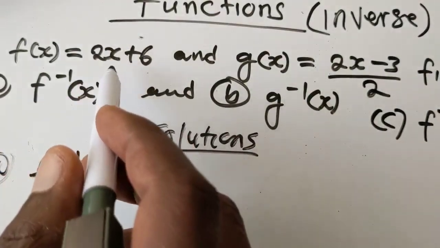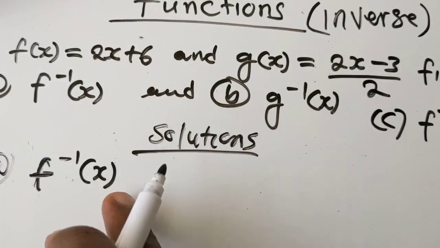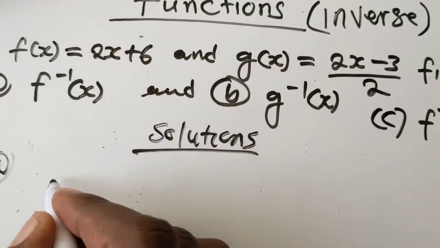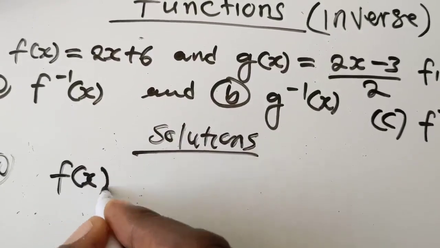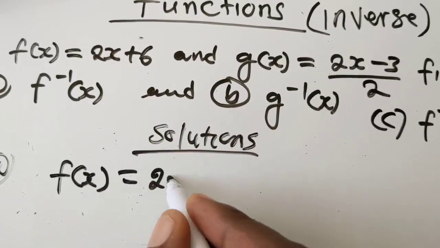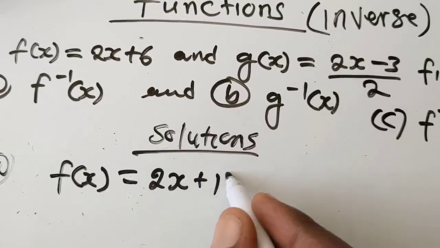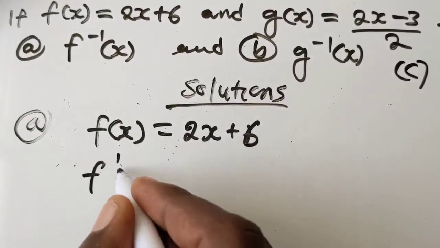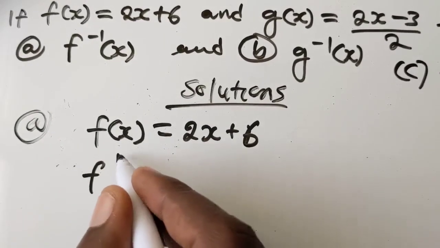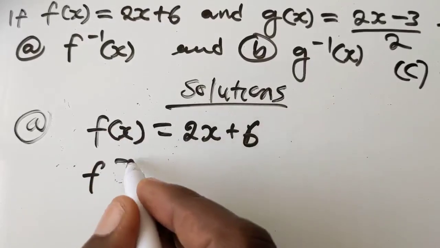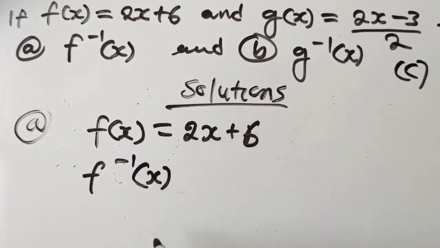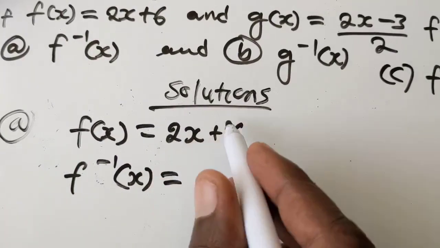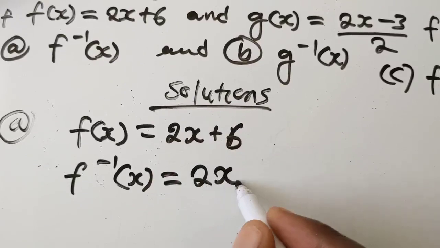So the first thing that you need to do is to copy the function. So you say f of x is equal to 2x plus 6, like that. Now they're asking you to find f inverse of x, is equal to, so you copy this, that is 2x plus 6.